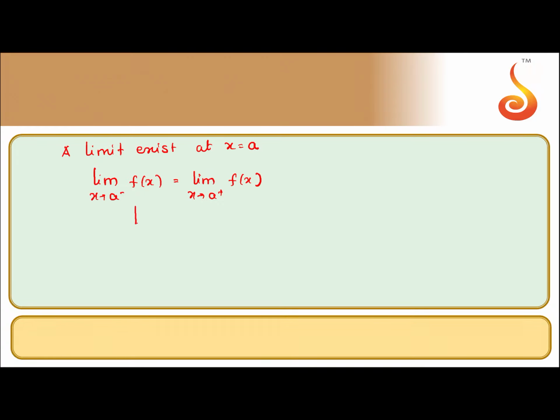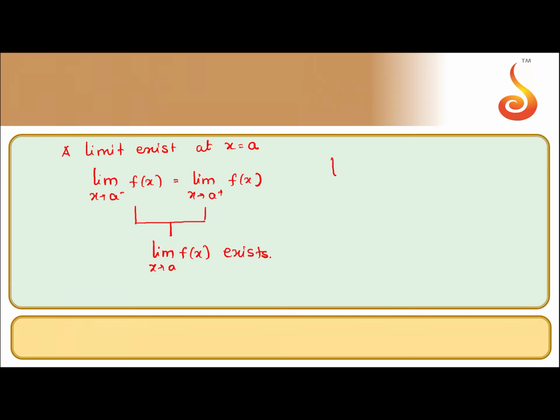If both are equal, then we have a full right to write that limit x tending to a f of x exists. That is the basic meaning of limits. So limit x tending to a f of x means limit x tending to a minus f of x is equal to limit x tending to a plus f of x.